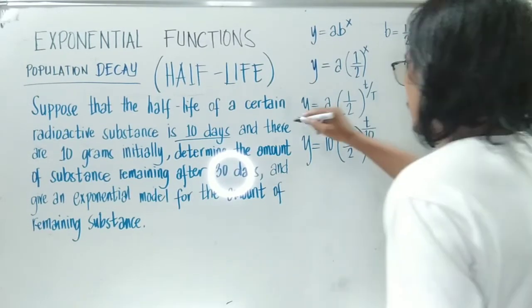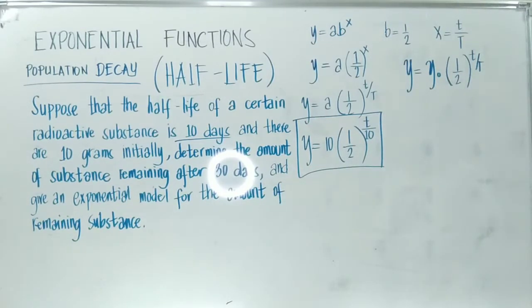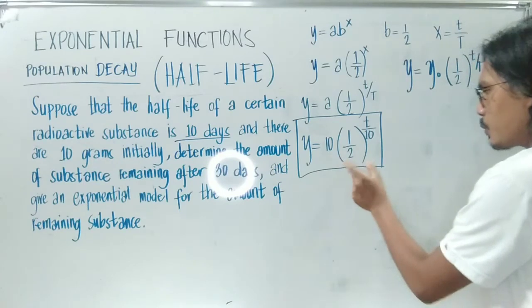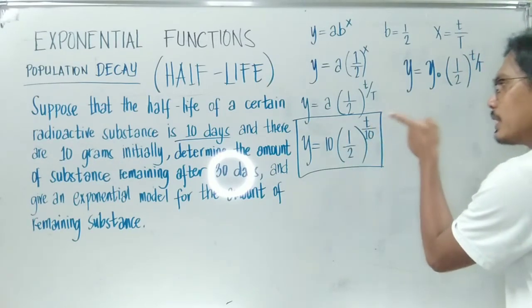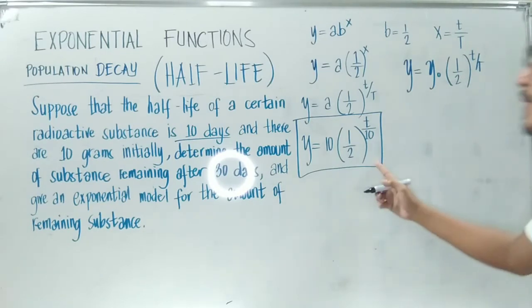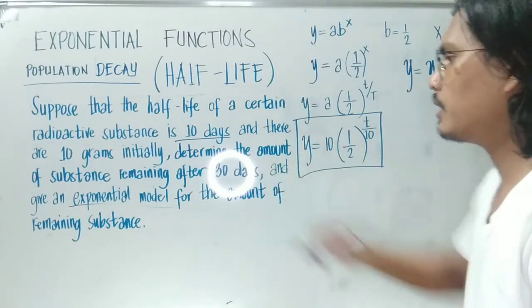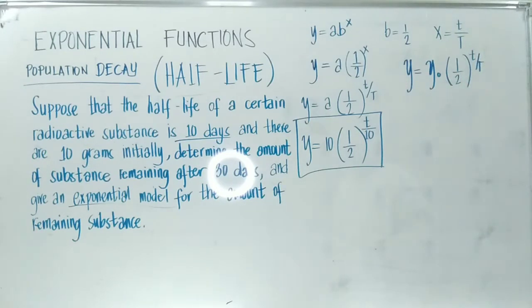So this function, y equals 10 times the quantity of 1/2 raised to t over 10, is the exponential model for the remaining substance.